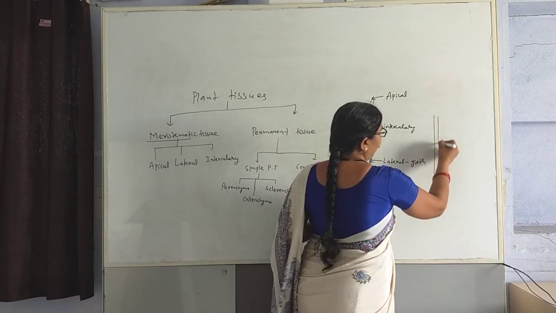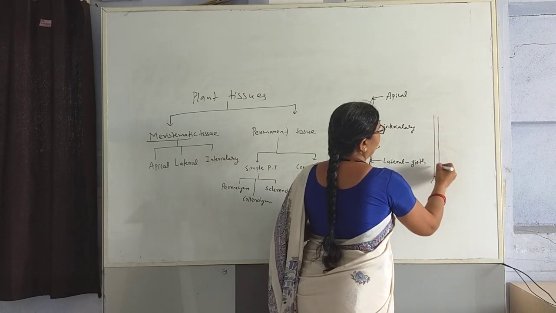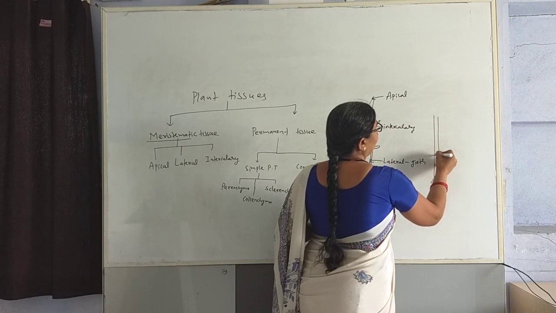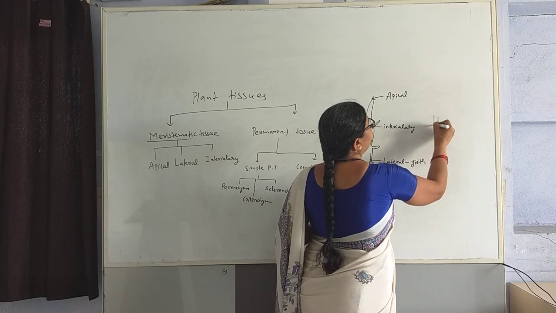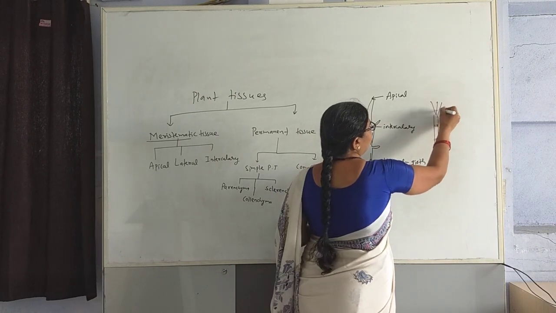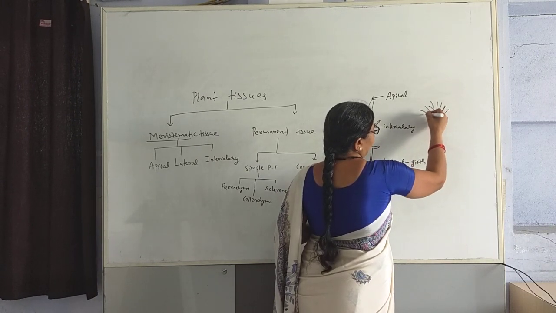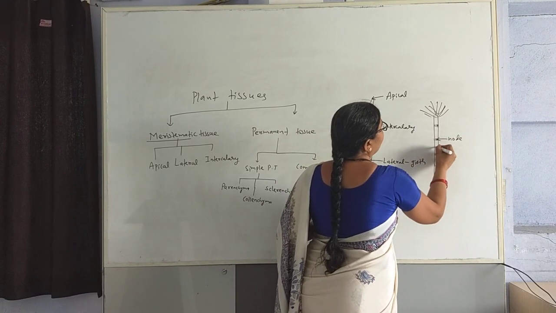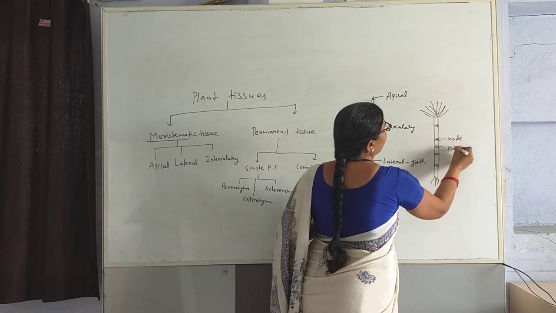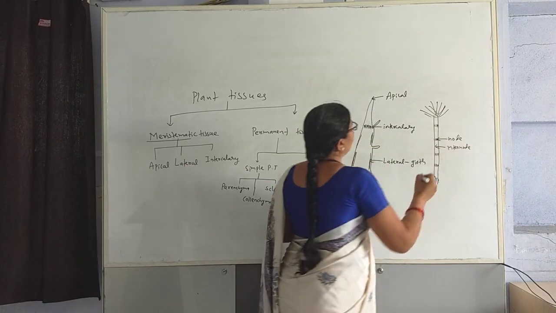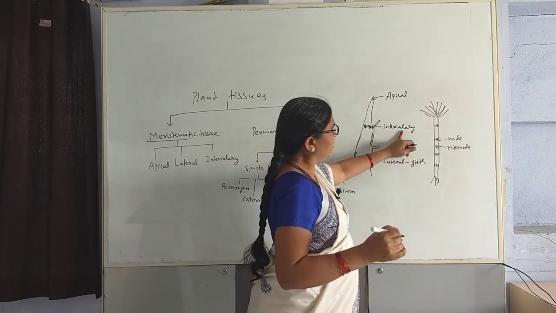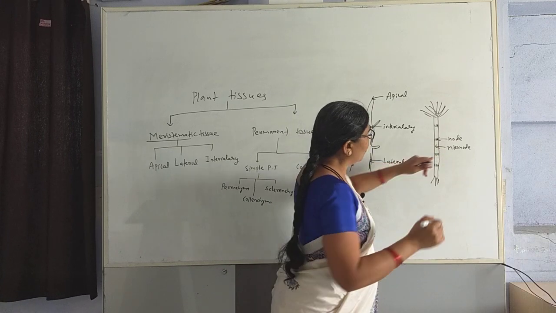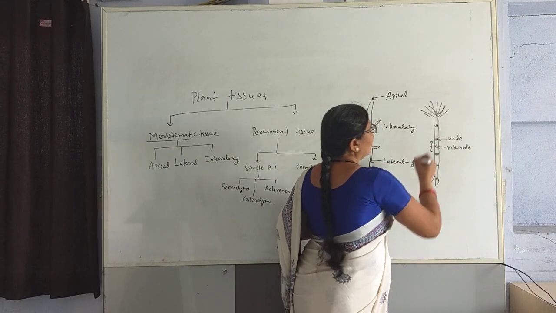Take a sugarcane example. Very easily we can understand with the sugarcane plant. This part is the node. This is the internode. This intercalary meristem increases the internode part of the plant.